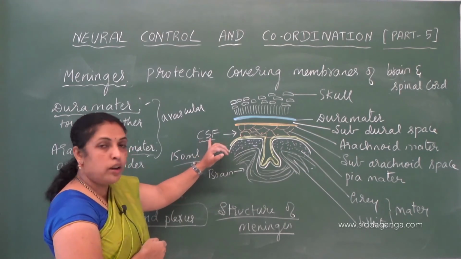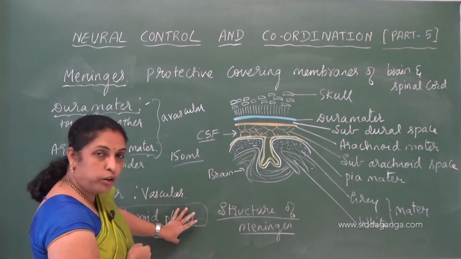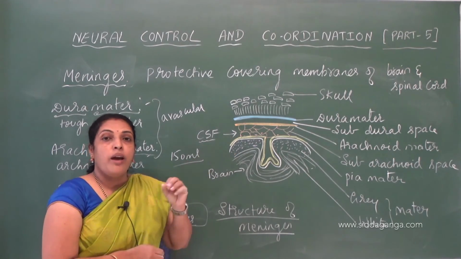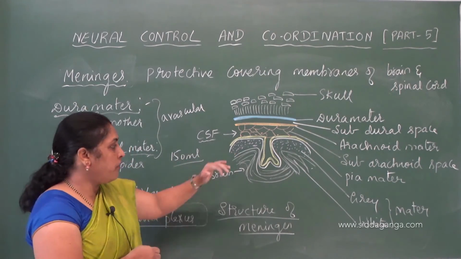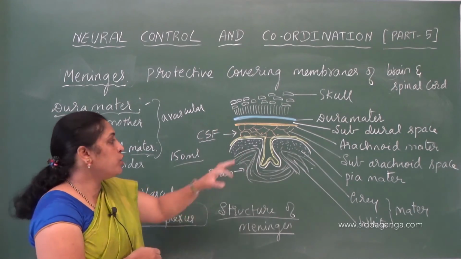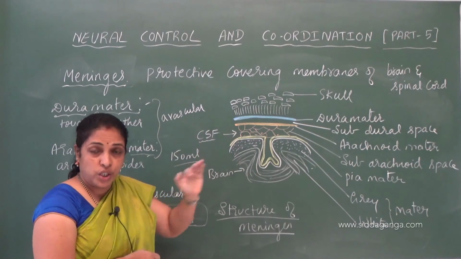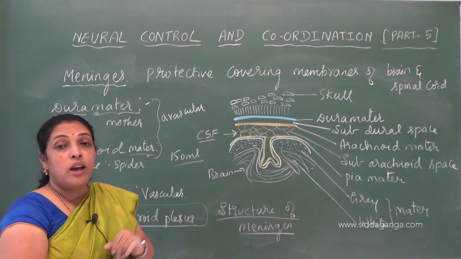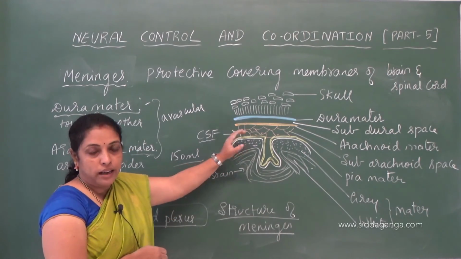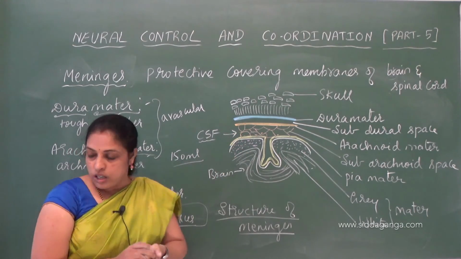This fluid is produced by the choroid plexus in the subarachnoid space, acts as a shock absorber, prevents friction against the bones, and provides a medium for exchange of substances between the blood and the nerve cells.